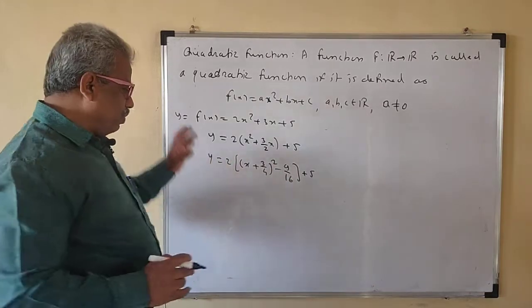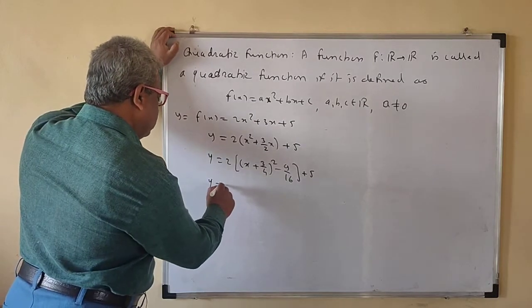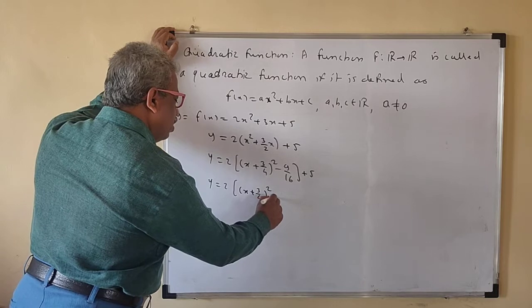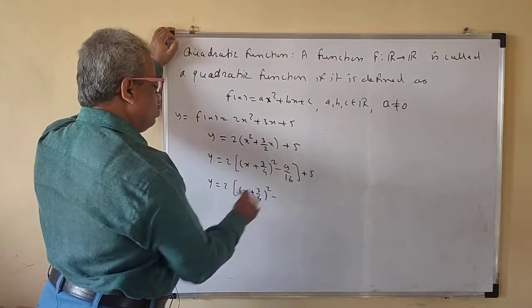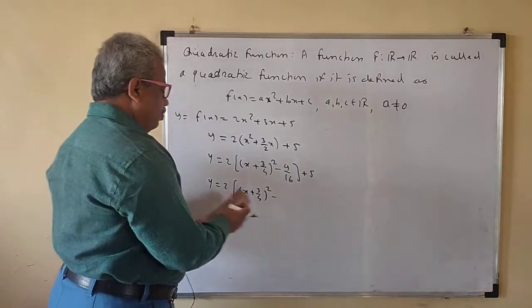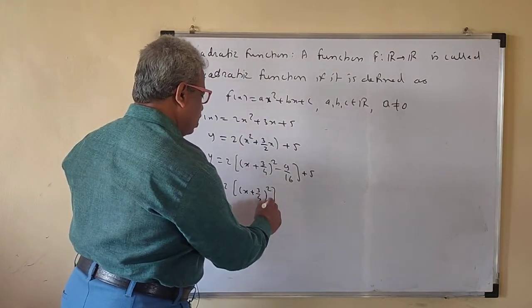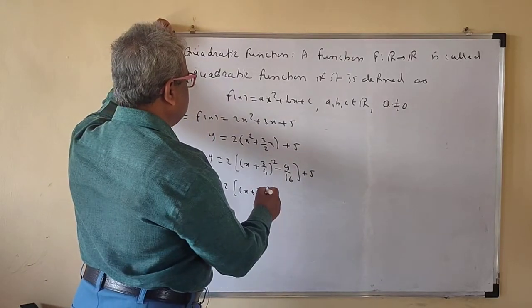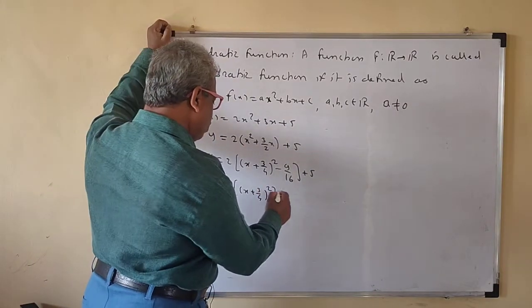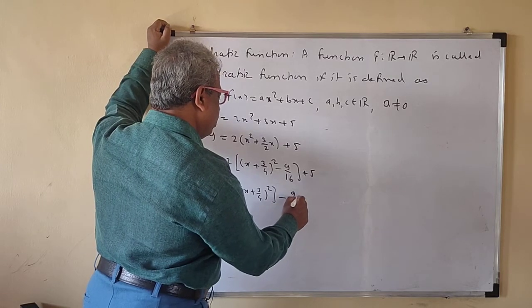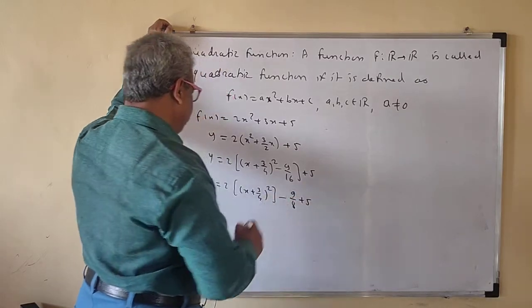So this is the perfect square method. So this is what: y is equal to 2 x plus 3 by 4 square minus... So you have to take these 2 inside. So what do we get then? Minus 9 by 8 plus 5.